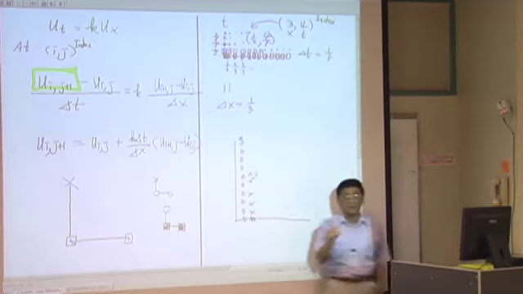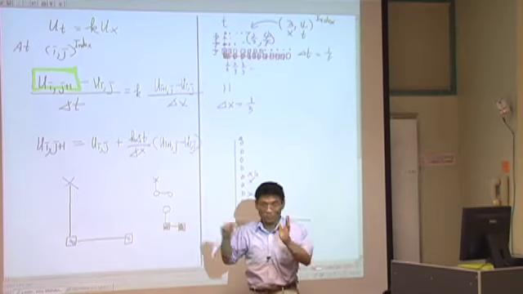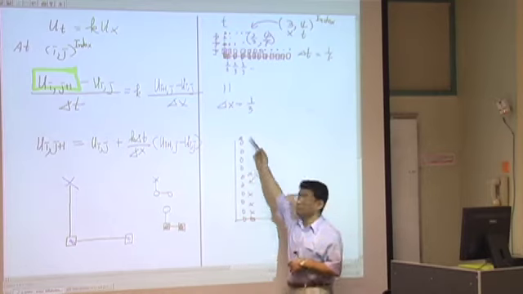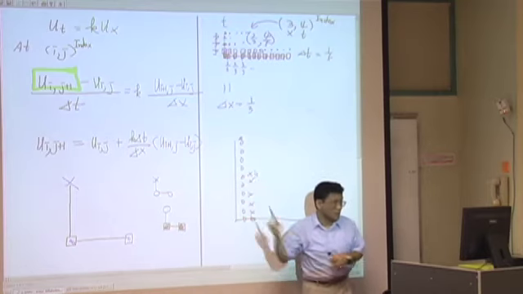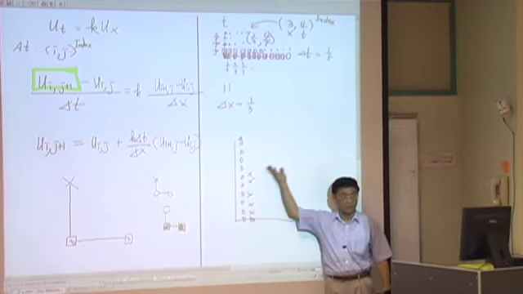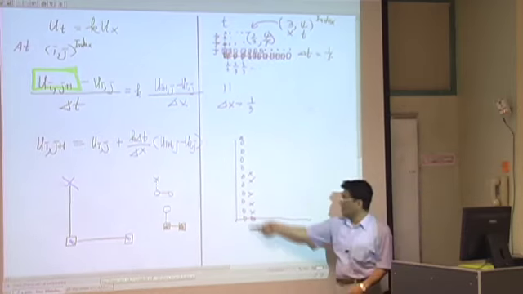Do you follow me? If you program this way, it's garbage. Even if it looks very similar, it's garbage. Why? These are not known. Take a look. These are known. These are not known. But somehow people program this way.